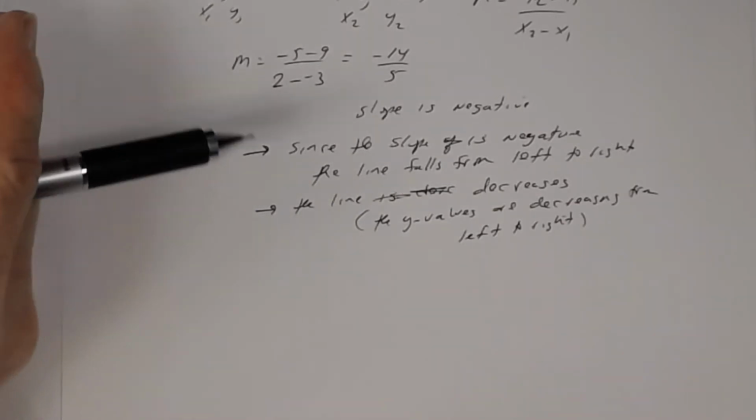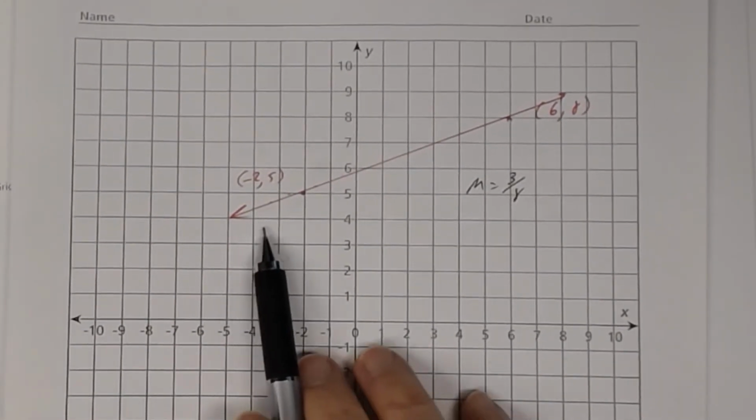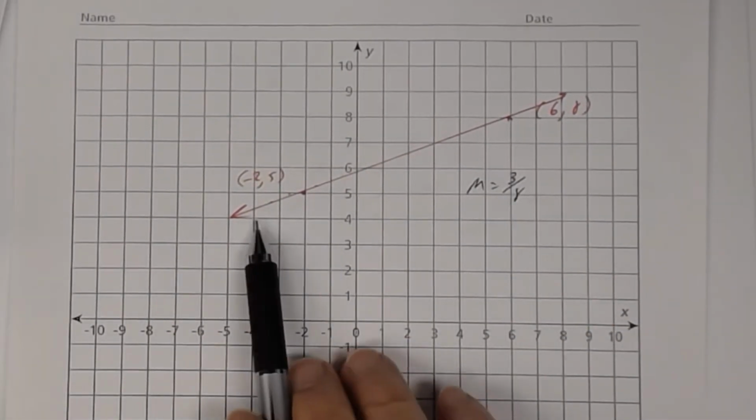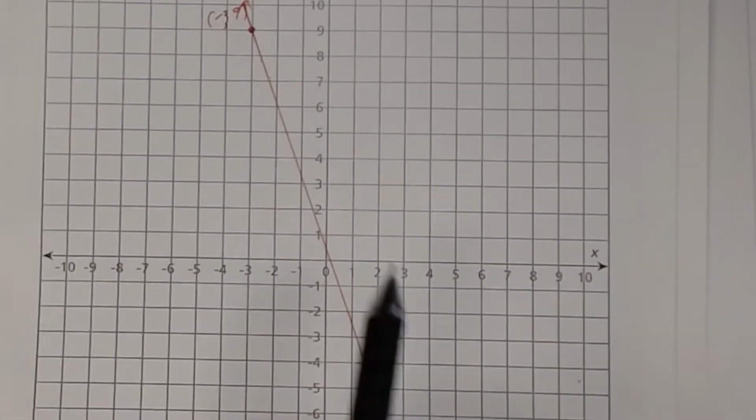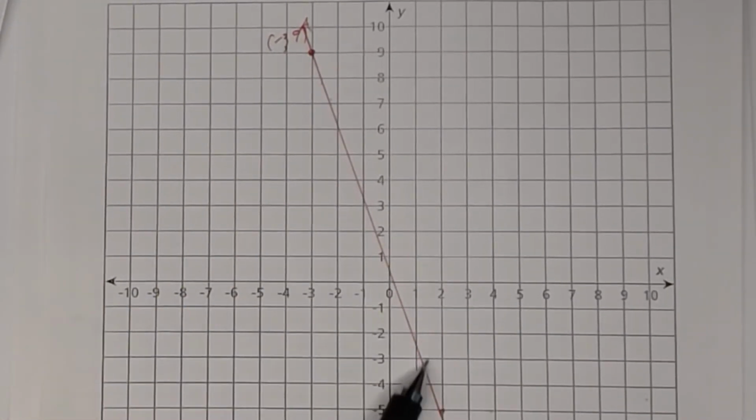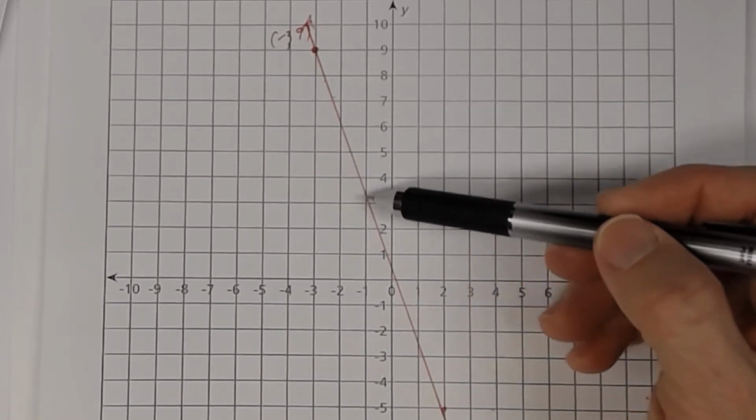All right, so positive slope, the line rises. The y values are increasing. Negative slope, the line falls. The y values are decreasing.